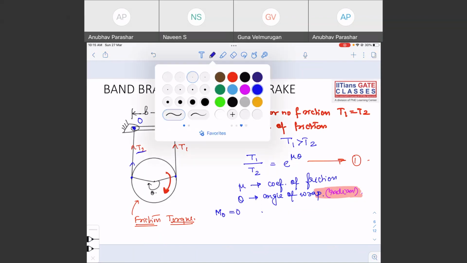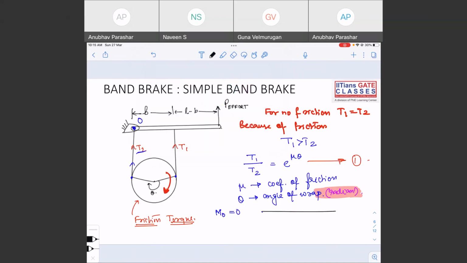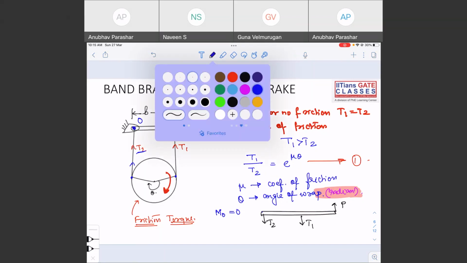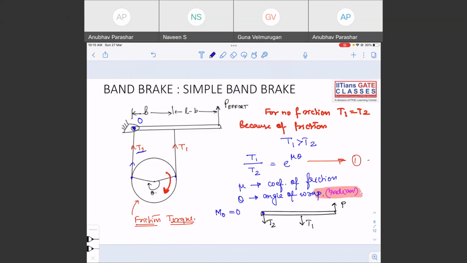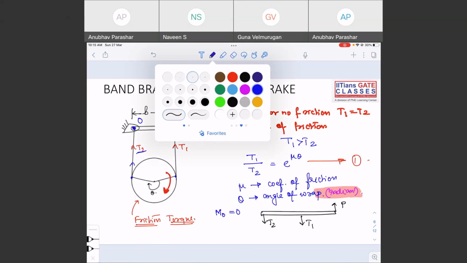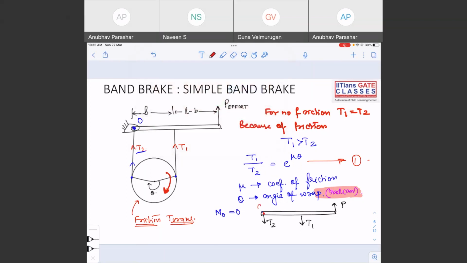I'll draw it in a different color pen. P in the upward direction, T1 in the downward direction, T2 in the downward direction. Now T2 is passing through the hinge point.